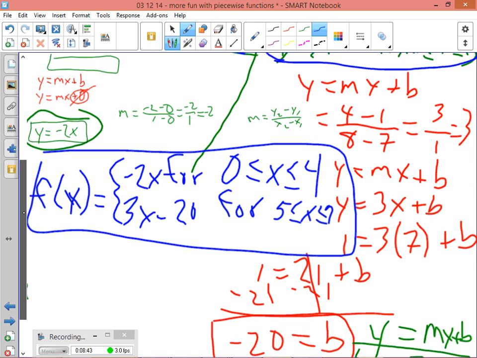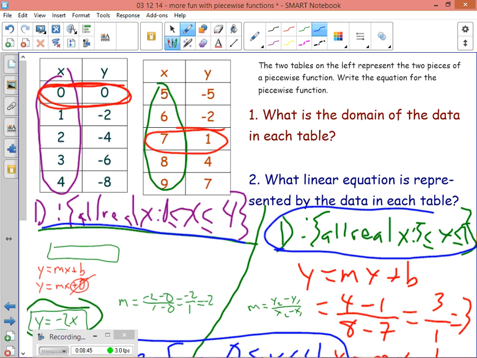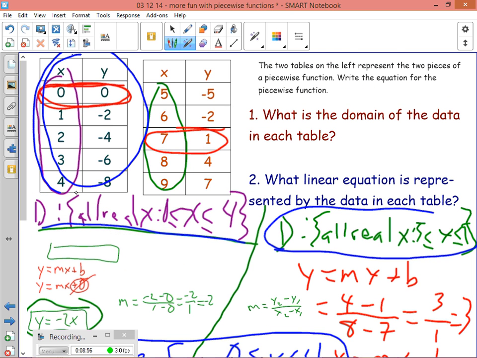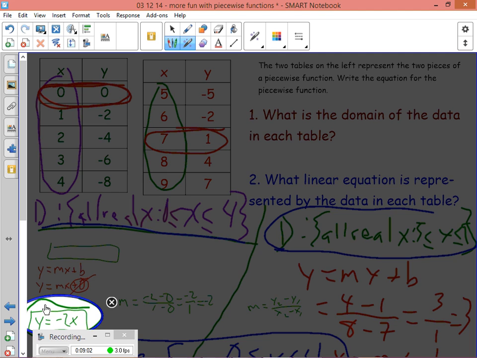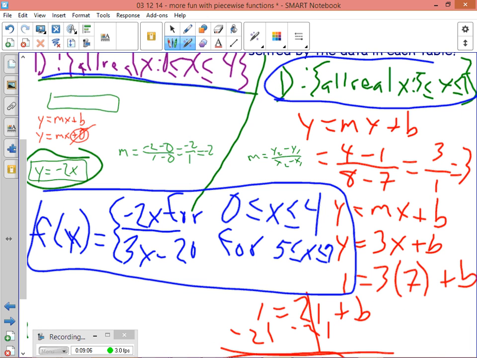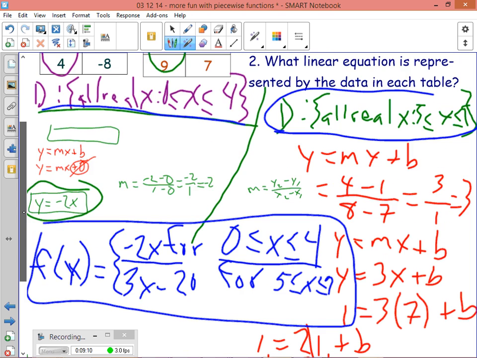So let's review that. There are really 4 parts to it, or 2 parts, and we repeat them. The first thing we have to do is we have to find the domain of this first table here. Okay? Then once we find the domain, we have to just find our equation, which we've done lots and lots of times. We put all of that, equation and domain, in the first part of my piecewise function.